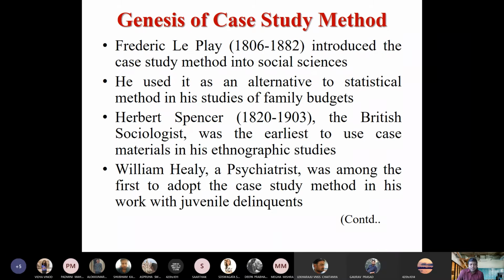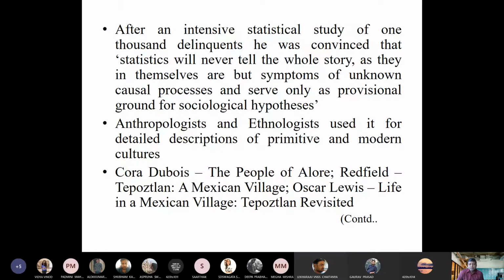While he was using statistical methods for studying juvenile delinquents, after taking around 1000 delinquents, he felt that statistical methods will not resolve the entire issue and will never tell the whole story of why things are happening.